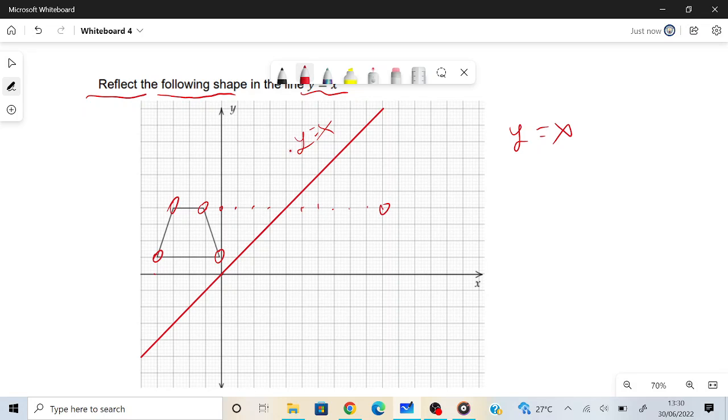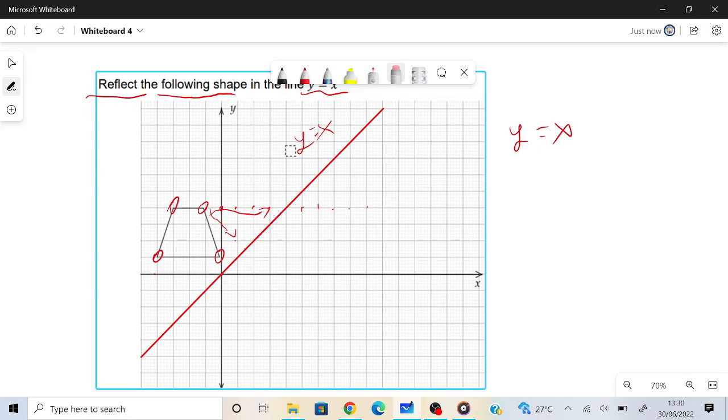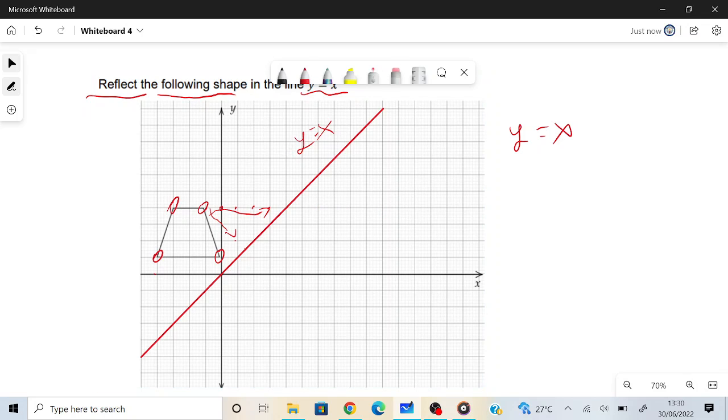This is wrong because you're not meant to go left to right, because it's not an exactly vertical line. You're meant to go the closest way you can go to the mirror line. So in this case, instead of going like this, you will go something like this. So you'd go, okay, 1, 2, 2.5. That's what you would do. So let's do it that way. Let's just erase this.